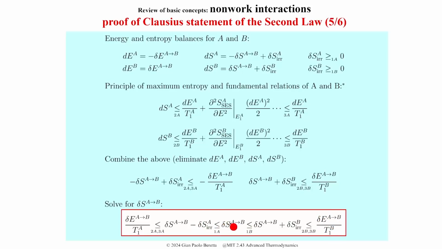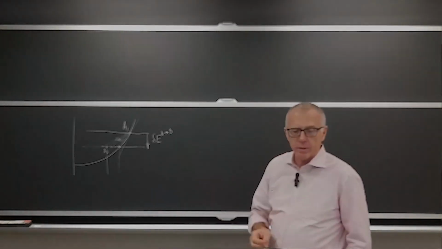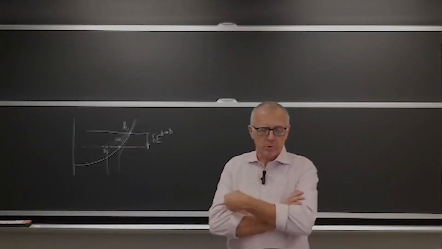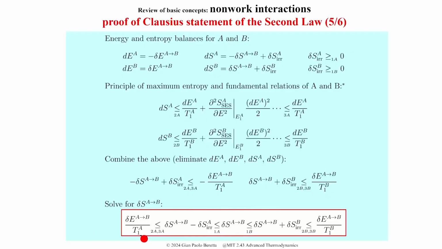And on the other side, this is greater than, if I subtract something positive, and it is in turn greater than delta E over T1A. All right, so this is interesting by itself, because remember we started from our 2 systems in 2 different stable equilibrium states with different temperatures. So T1A and T1B are different.